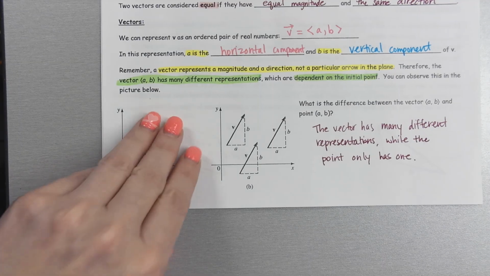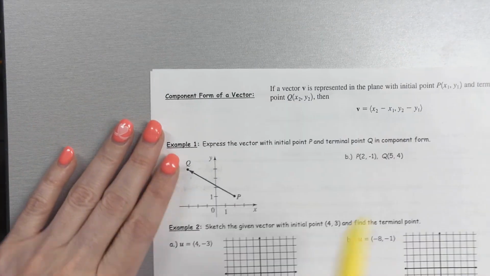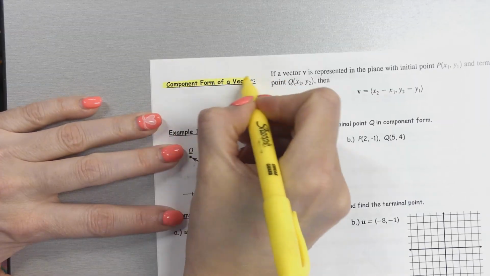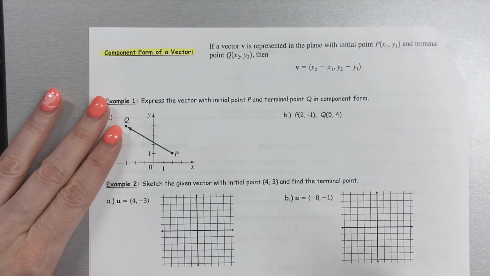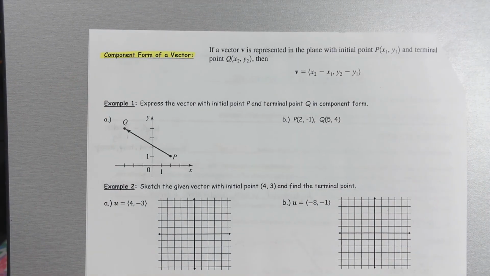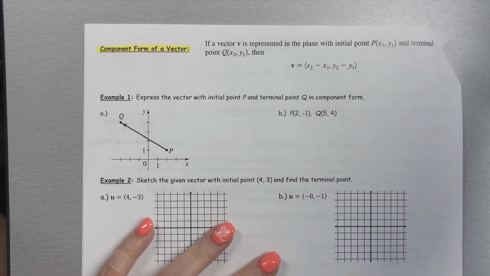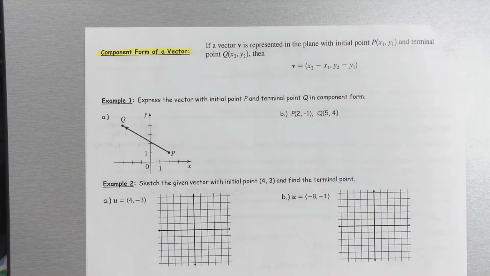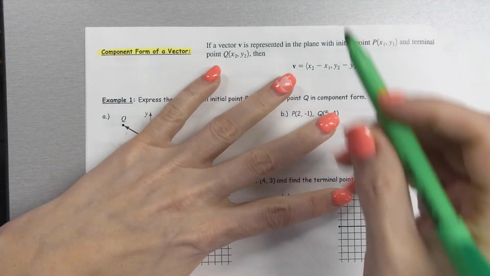Okay, so we are going to learn about different forms of vectors. One of them is called component form. If you are writing a vector in component form, you have the initial point and the terminal point, and you can find those by just subtracting.